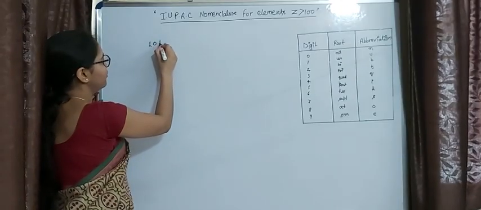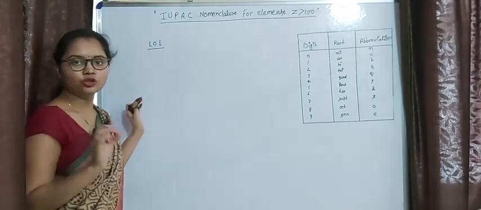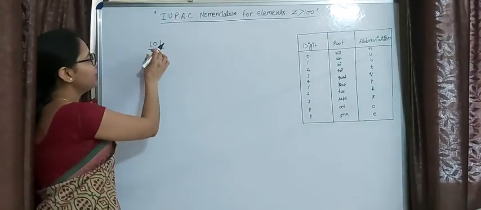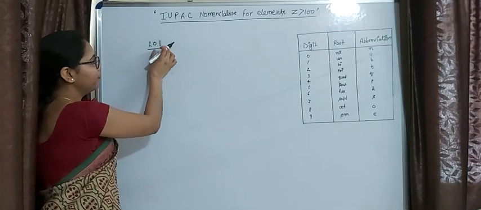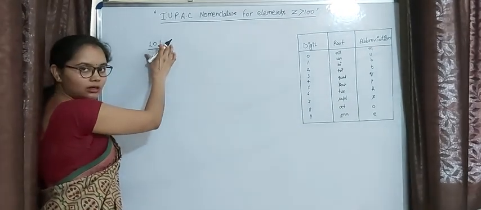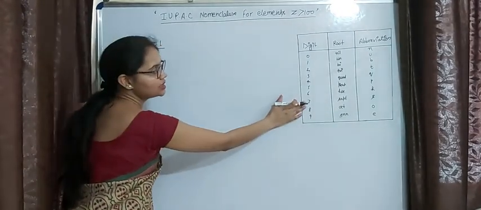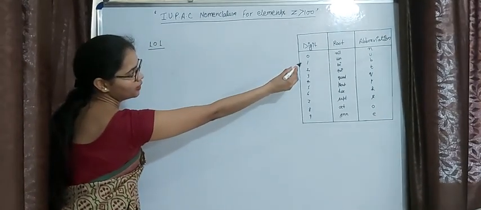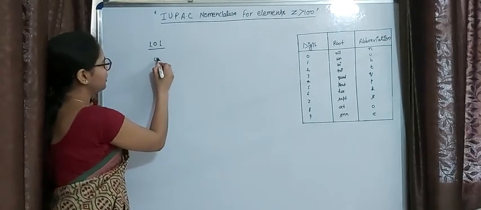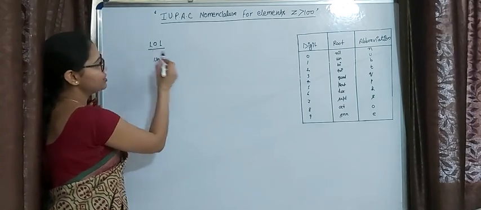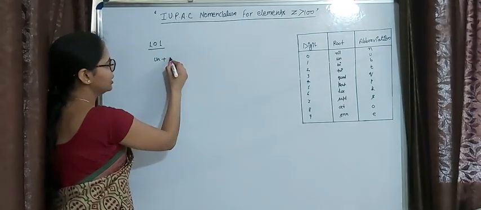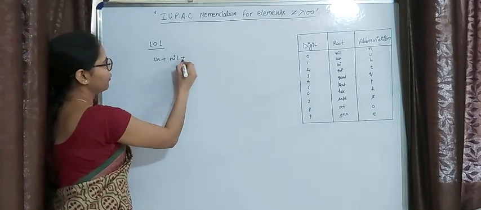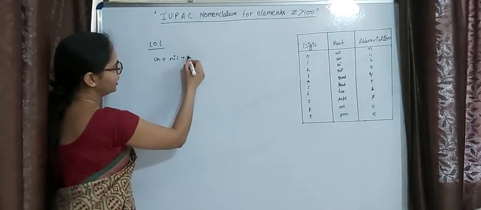Suppose we want to write the IUPAC name for 101. Simply pick the root word for each of these digits from this table. For 1, the root word is un. For 0, the root word is nil. For 1 again, the root word is un.